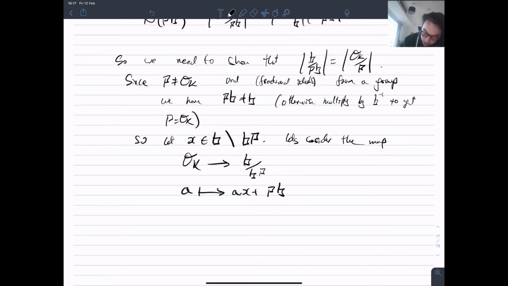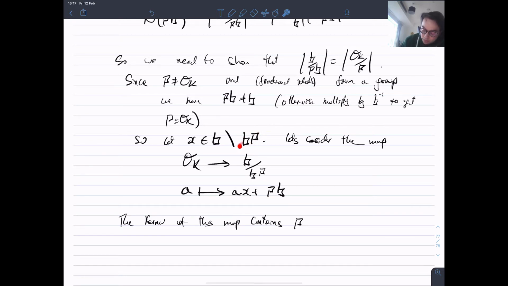So what is in the kernel of this map? The kernel of this map contains this ideal p, because if a was in my ideal p, then a times x... sorry, the other way around. A is in p, x is in b.